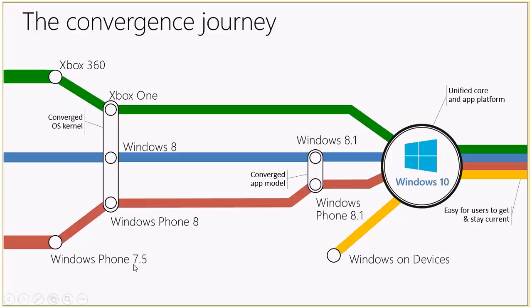With Windows Phone 7.5, you had to learn their own information. Then we moved to the next level where Xbox One was there, Windows 8 was there, and Windows Phone 8 came in. But still, they had their own different environments and families, which you had to learn, and you had to develop their applications separately so they could be executed on their different platforms.